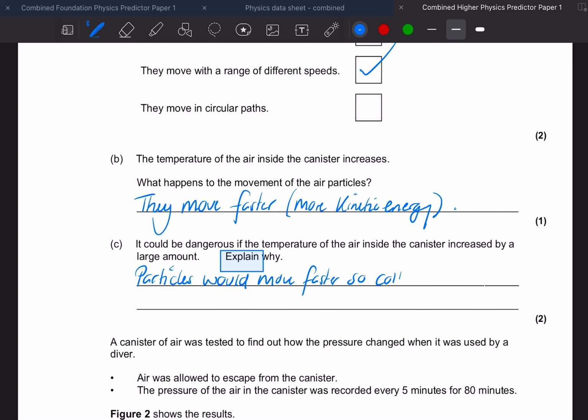so collide with the walls of the container more often, which would increase pressure.